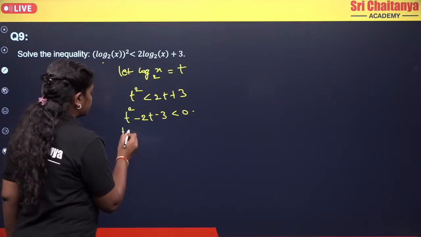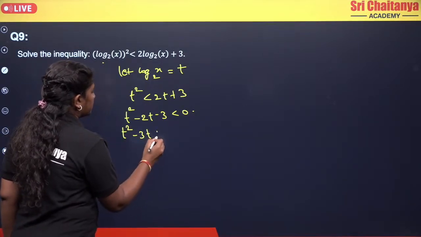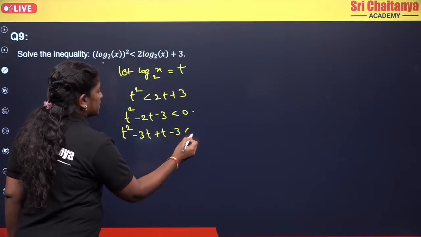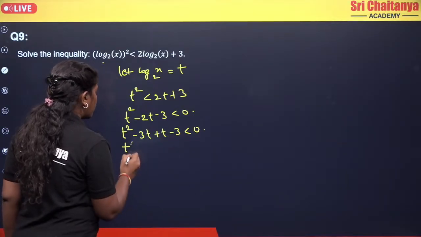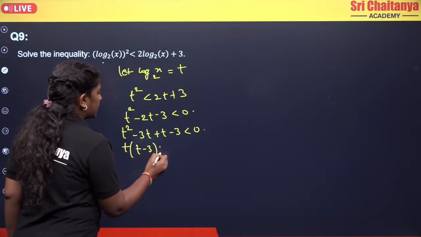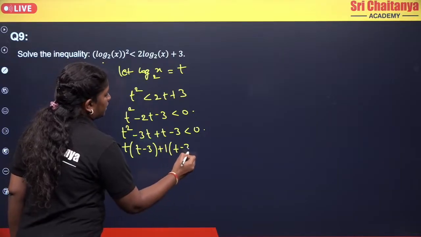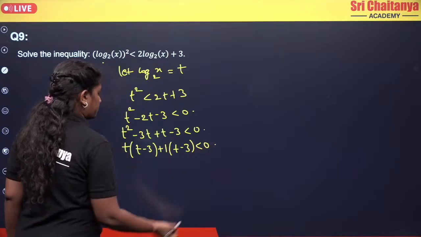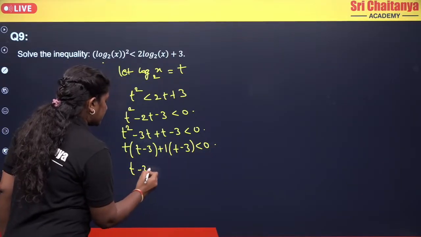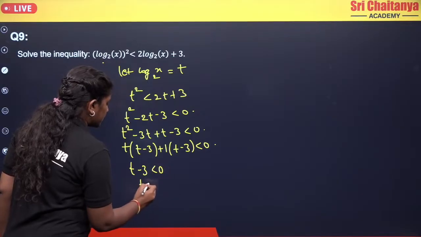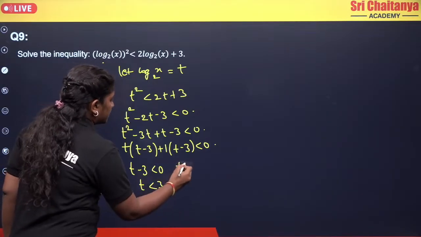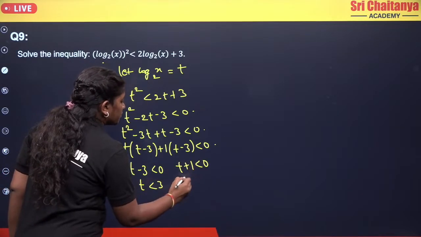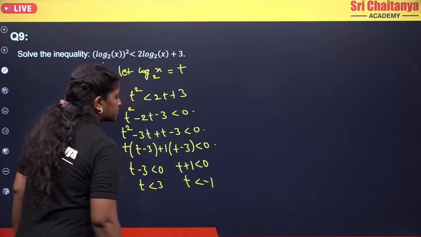Yes. Now t square minus 3t plus t minus 3 less than 0. So taking t common, t minus 3 and plus 1 common, t minus 3 less than 0. So now t minus 3 less than 0, from there you will get t less than 3 and t plus 1 less than 0, from there you will get t less than minus 1.